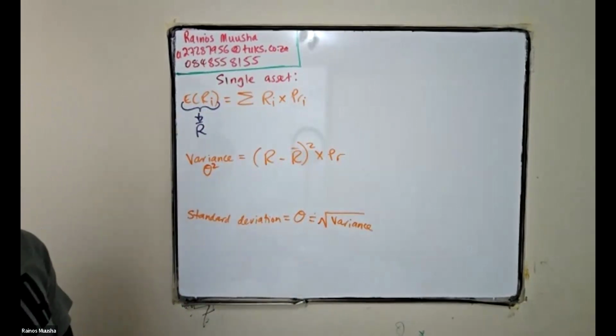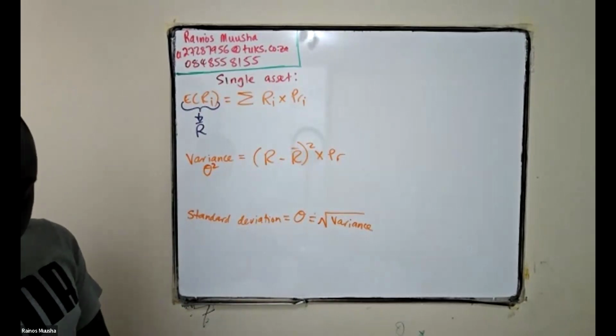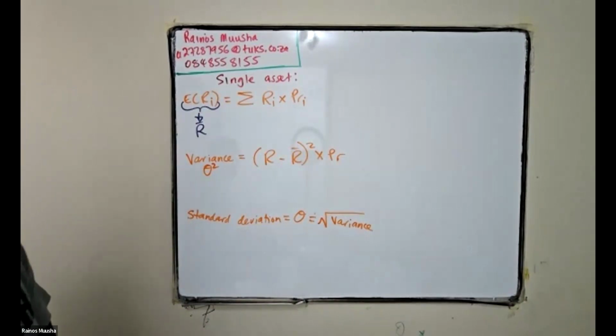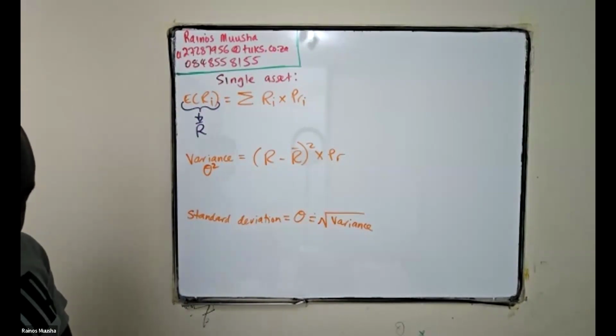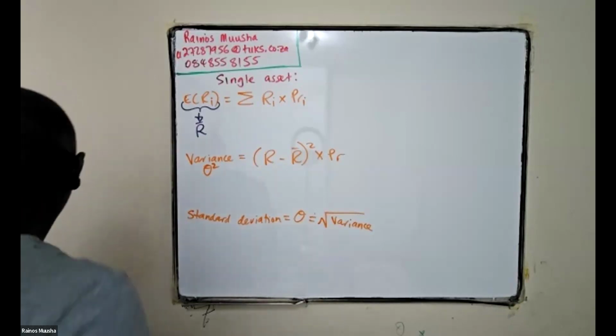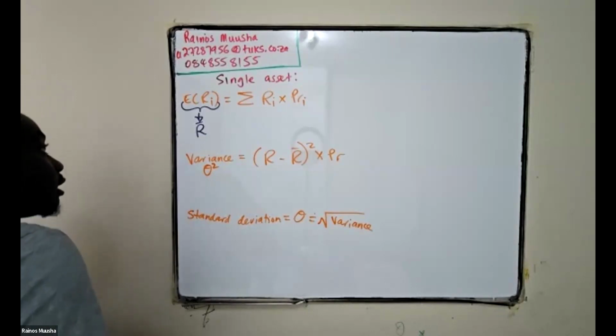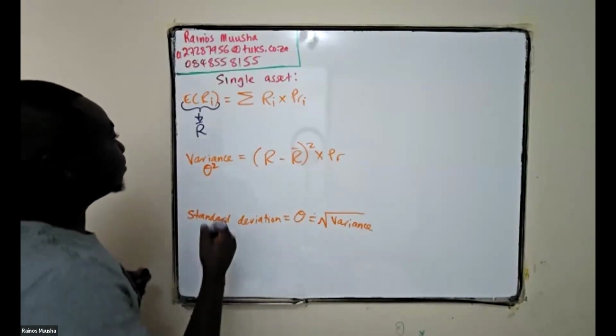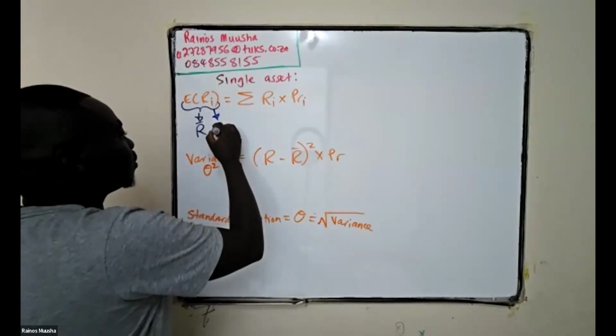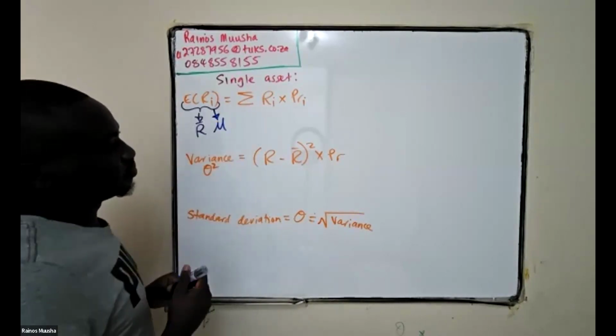Are there any questions so far when it comes to measurement of return and risk of a single asset? Any questions? Please note, the expected return or the expected value is sometimes also represented as mu.